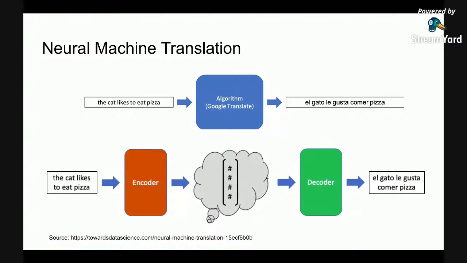Then this thought vector stores the meaning of the sentence in numbers, and it's passed to the decoder, which recreates or rebuilds the sentence in the target language. So this is how neural machine translation systems work in a very simple way. I don't want to go into details because it's very complex.